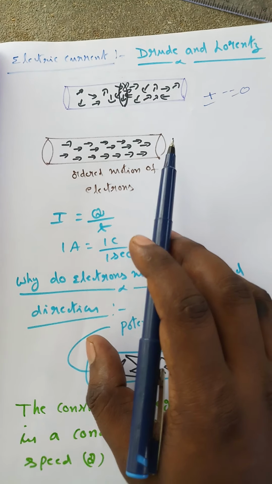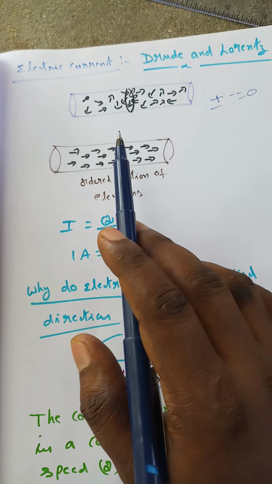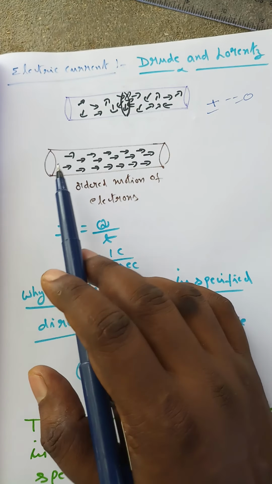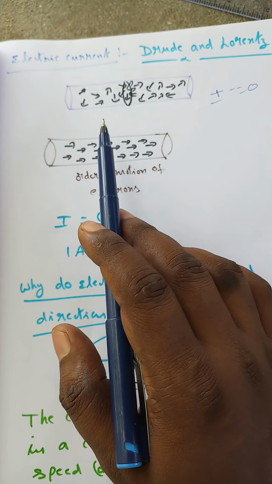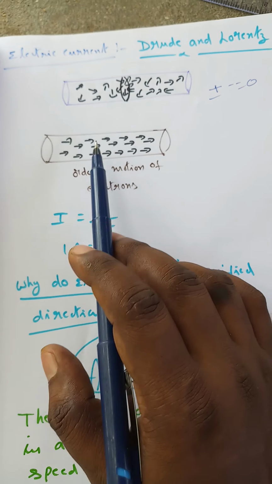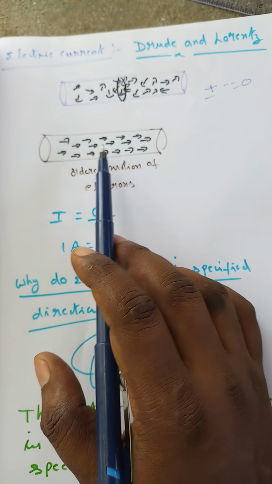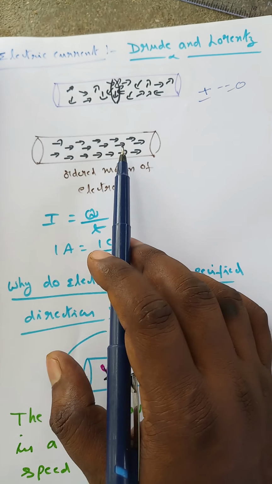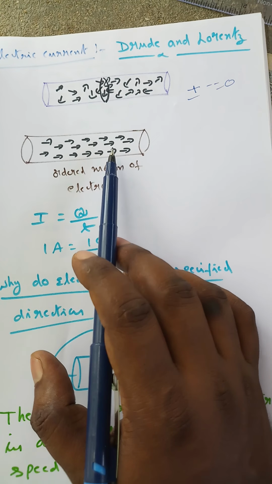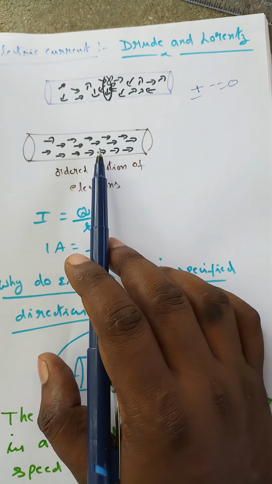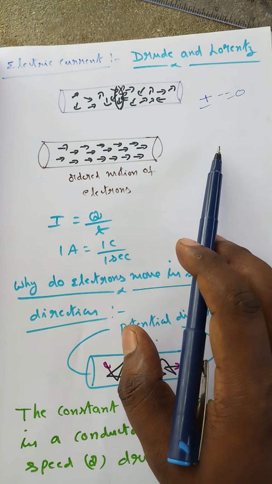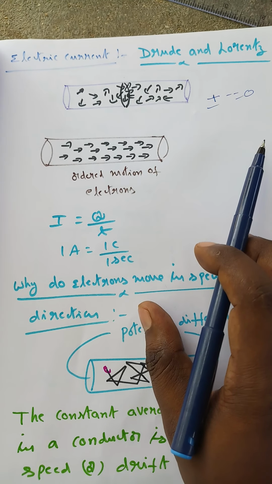When the two ends of a conductor are connected to a power source, a battery or a generator, all the electrons in the conductor move in one particular order. This ordered motion of electrons constitutes electric current.